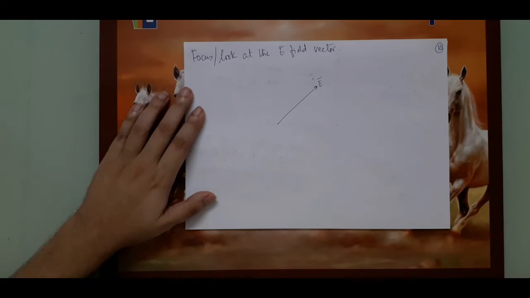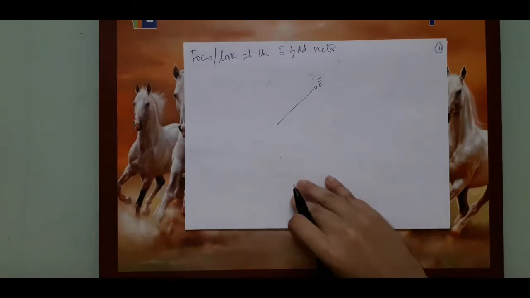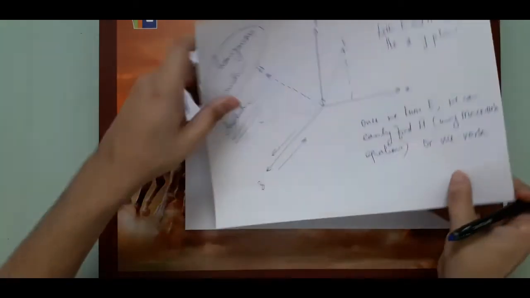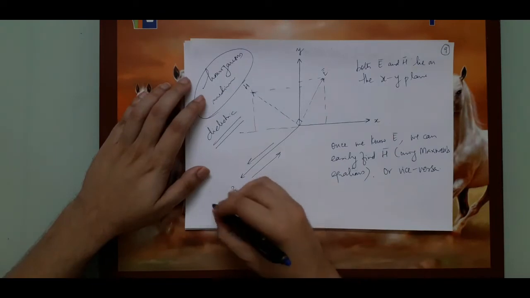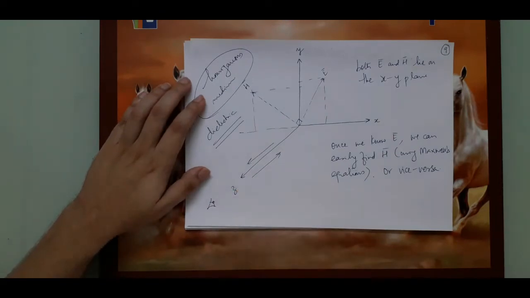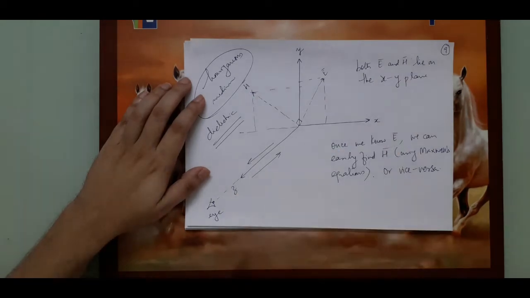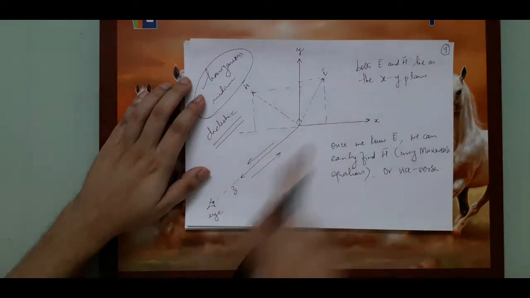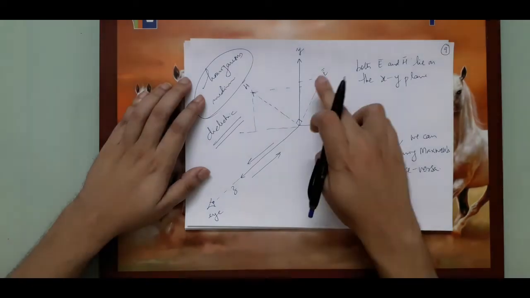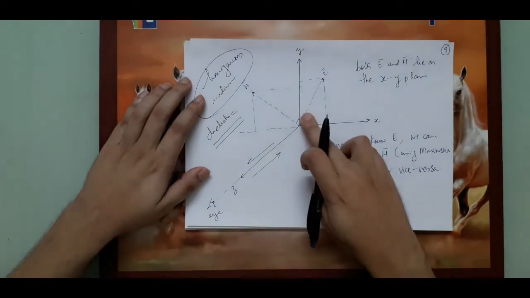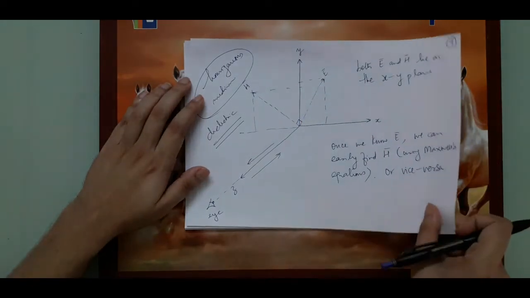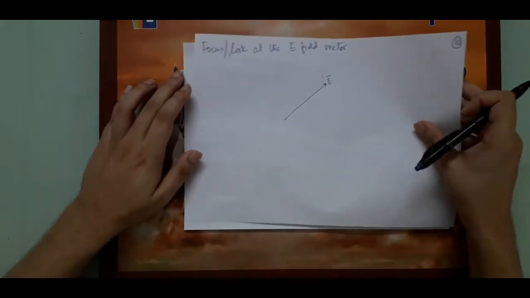Now in general, when I am placing myself over here, this is my eye, and I am looking vertically on the xy plane, that is through the z axis, then I can see the E field vector on the xy plane. So let us see how.